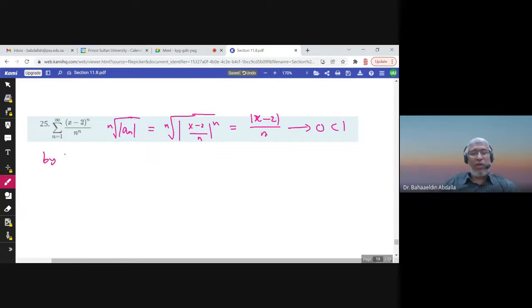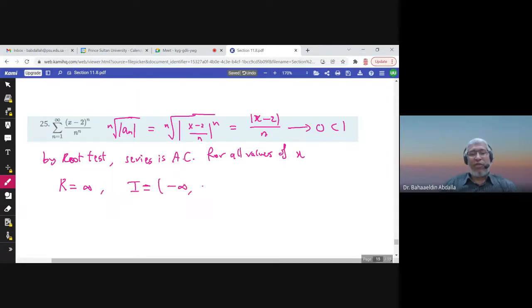So by root test, the series is absolutely convergent for all values of x, because we always get 0, less than 1. So the radius of convergence is infinity, and the interval of convergence is from -infinity to infinity.